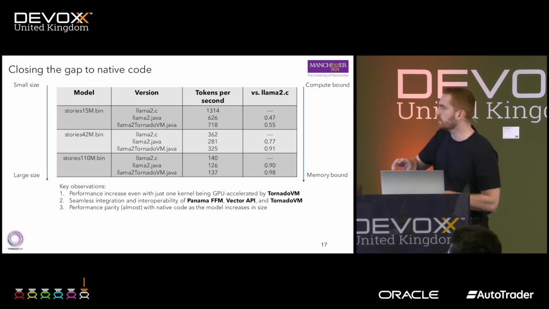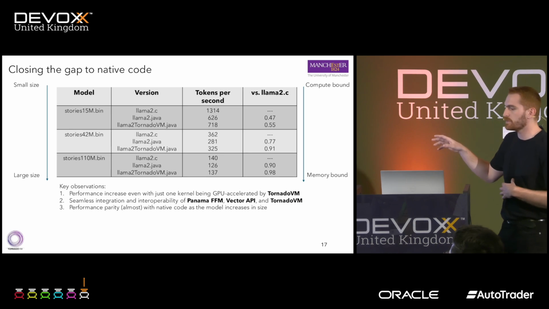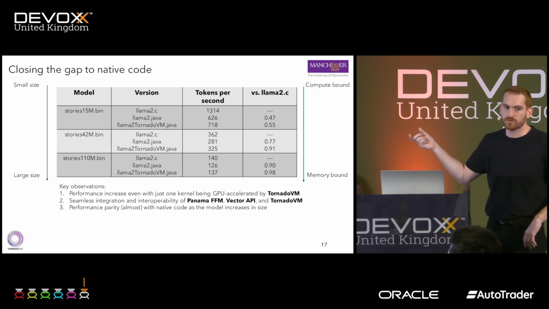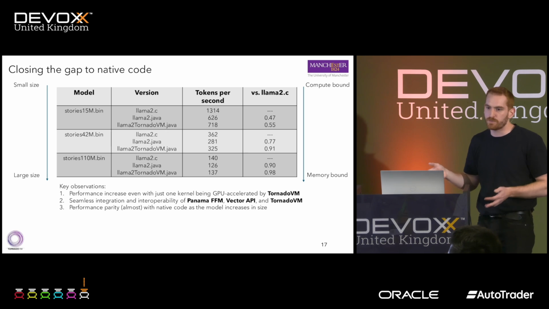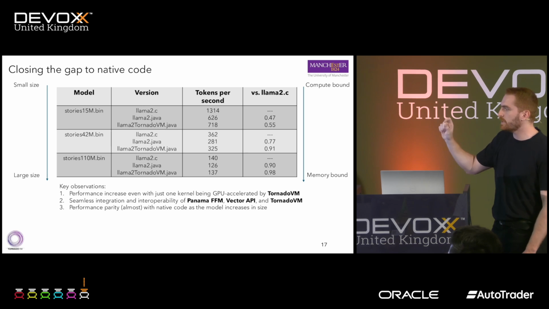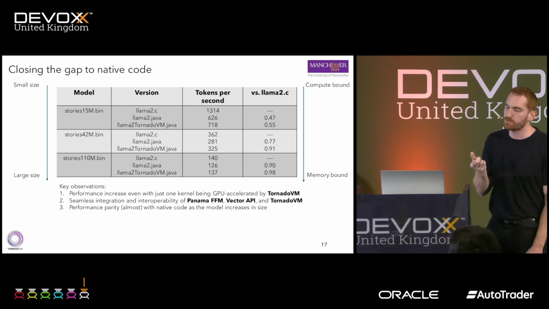So, okay, let's revise the numbers that we showcased before. As we can see now, we have an extra field with some reference numbers with Tornado. Obviously, the performance benefit is not great because we're having a GPU running, but it's about 8%. But we see that we close the gap with native. And when the problem becomes memory bound, we see that we have about 99% parity with the native implementation.